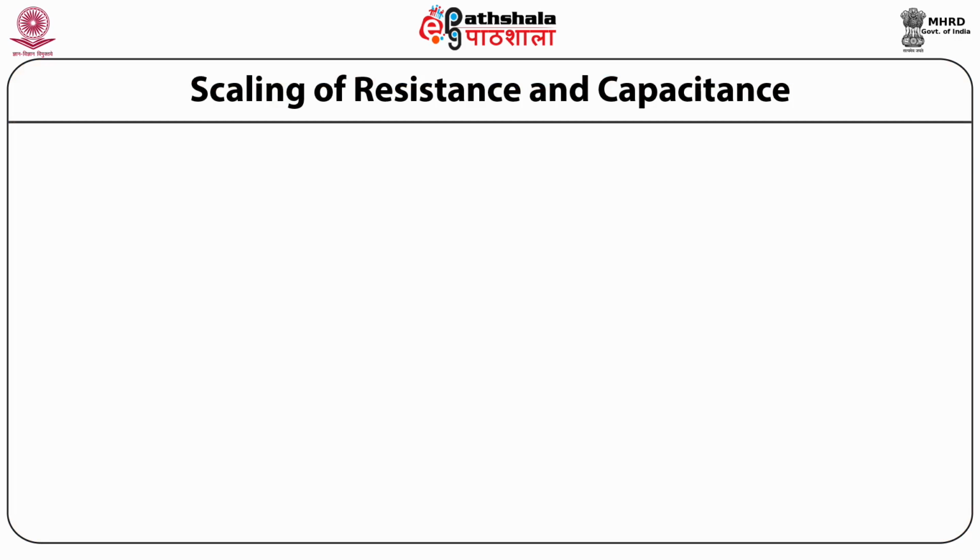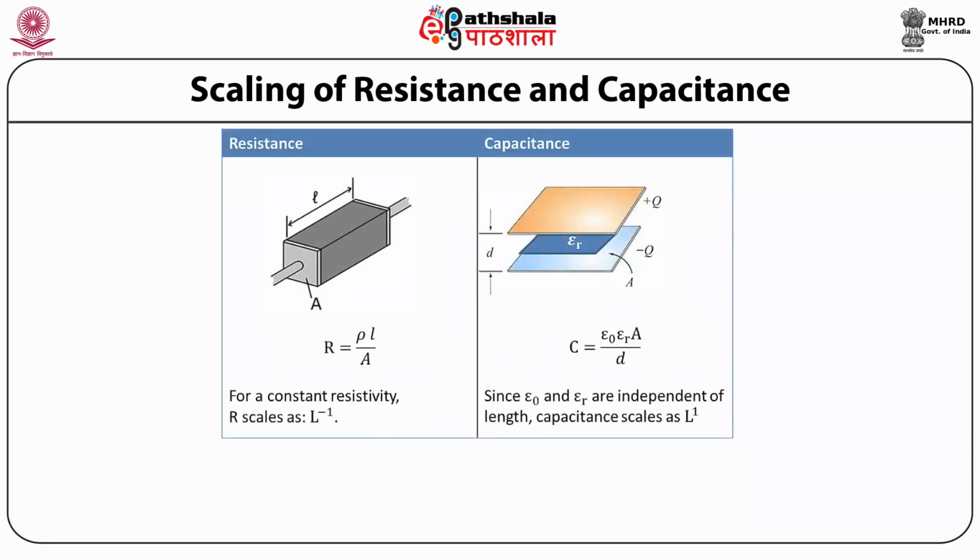Scaling of resistance and capacitance. Using Ohm's law, the current I is equal to V by R. That means I scales as L to the power 1, and so the current density J, equal to I by A, will scale as L to the power minus 1.